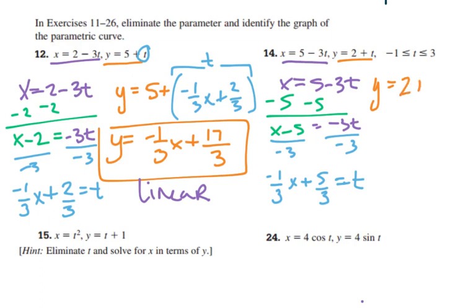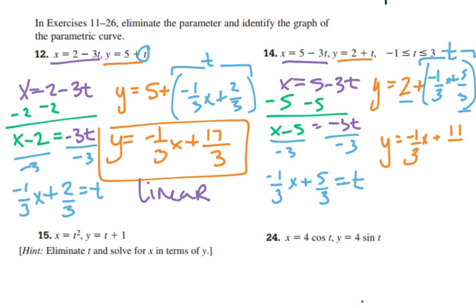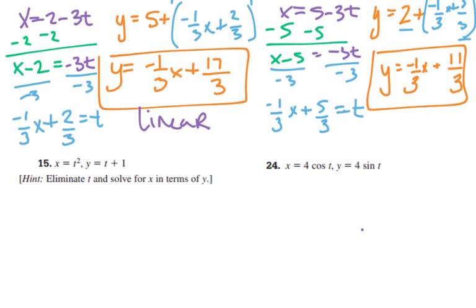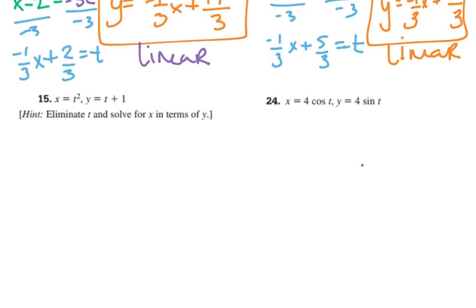So 2 plus the t equation, which was negative 1/3 x plus 5/3, which again used to be the t. And so I just need to add the 2 and the numbers. So my equation is negative 1/3 x plus 11/3 for adding our fractions there. And that one again is linear. It's got a power of 1.